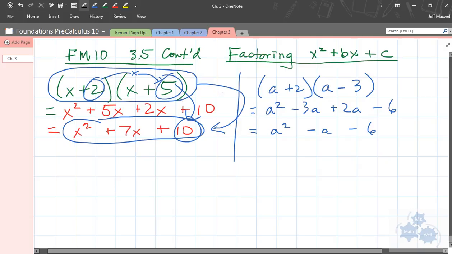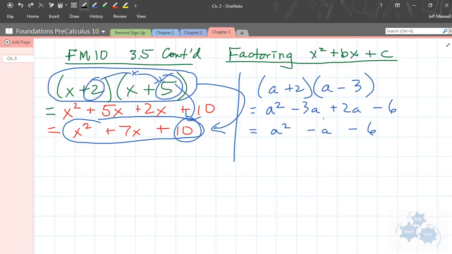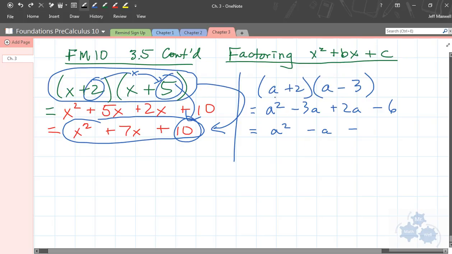Let's see if those connections hold true for this one. 2 plus negative 3 is what? 2 plus negative 3 is negative 1. That's the same. And what's 2 times negative 3? 2 times negative 3 is negative 6.